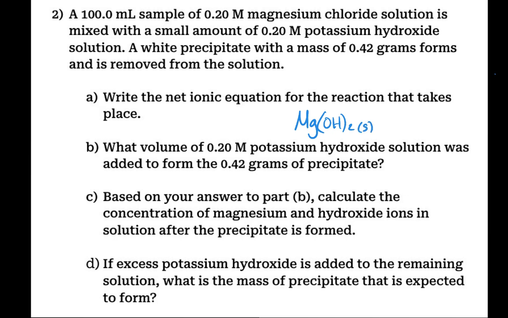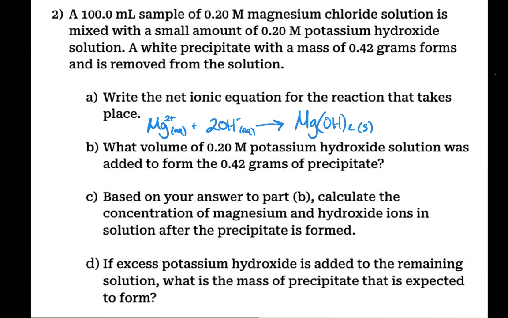Hydroxide's got a -1. So I know that's going to be Mg(OH)2. And then I'm just going to ask myself, what do I need to make magnesium hydroxide? Well, I need 2 hydroxides, right, because it's OH2. And I need a magnesium. And look at that. We just wrote our net ionic, right? So we're kind of reverse engineering this net ionic equation, which you are totally welcome to do, and I think in some cases is going to be advantageous for you.